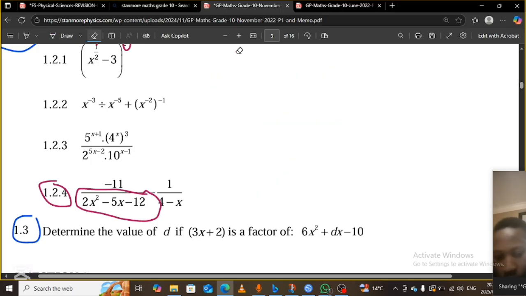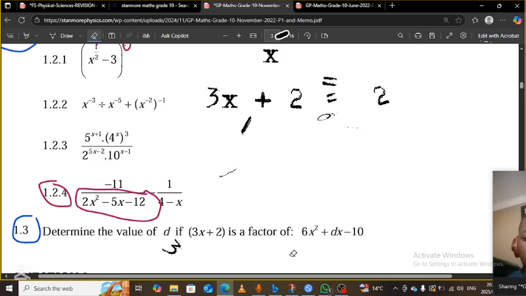D is equal to negative 11. Start by getting the x value by taking the question. I took 3x plus 2, then equated it to 0.